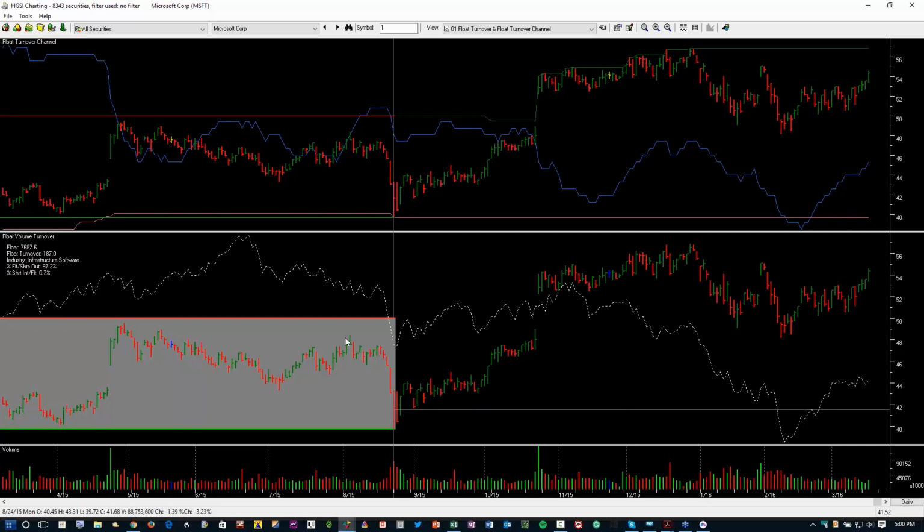So that when you see volume coming into it, and VPA signals going off, the stock no longer has all this hanging overhead and can actually move ahead. That is part of this idea of the float turnover indicator.